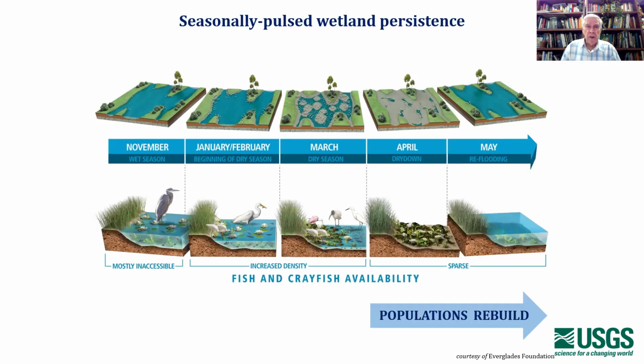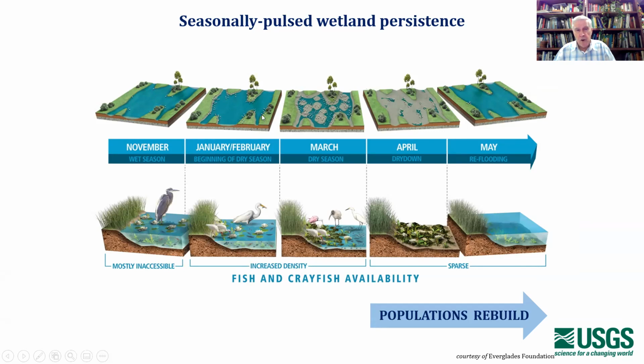The seasonally pulsed wetland looks a little bit like this. I don't know if you can see my pointer, but I'm pointing to November. By the end of the rainy season, the water covers much of the landscape, and the fish really propagate under those conditions.